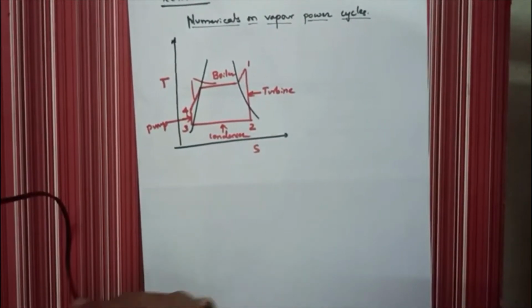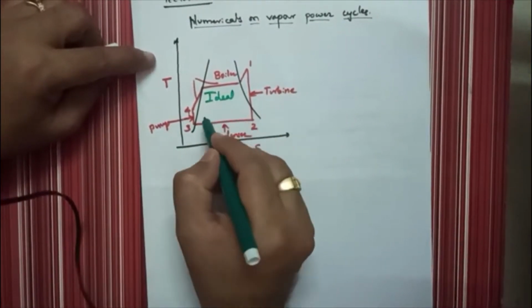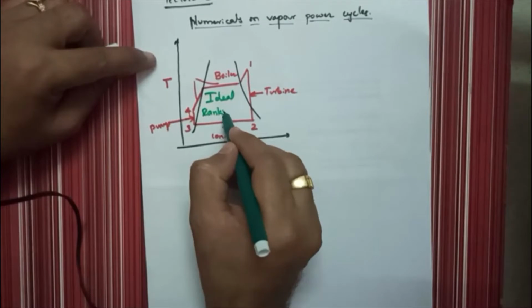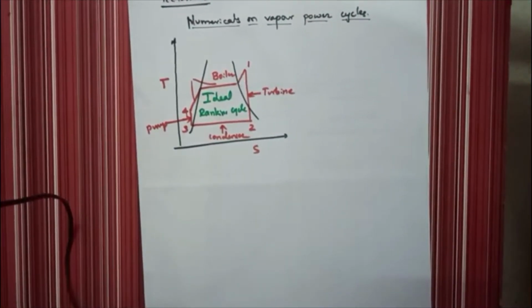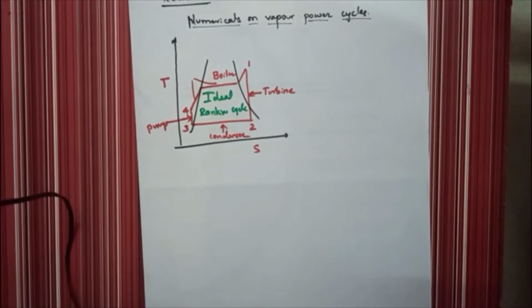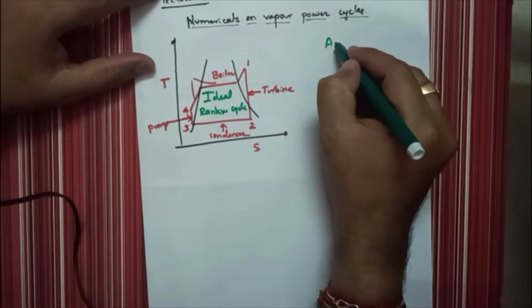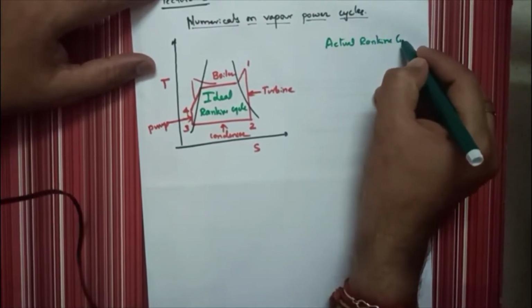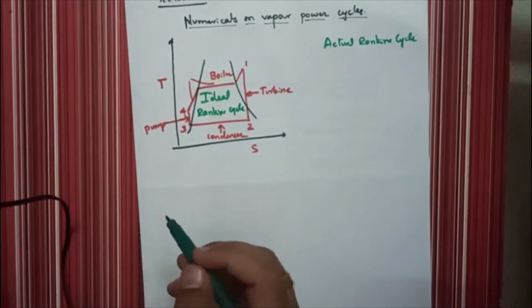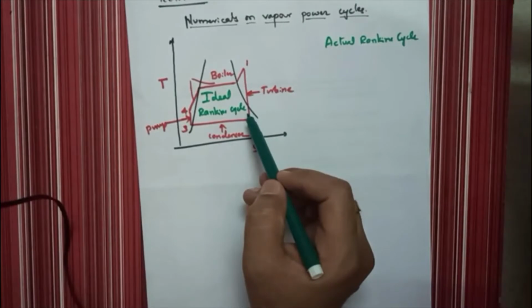It is an ideal Rankine cycle. So if I ask you what is the actual Rankine cycle, what is the difference between ideal and actual Rankine cycle? The difference is, in the turbine we have not considered any losses.